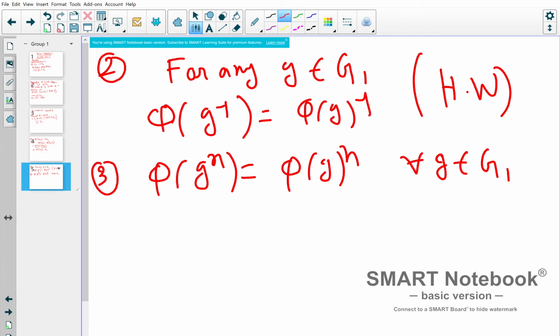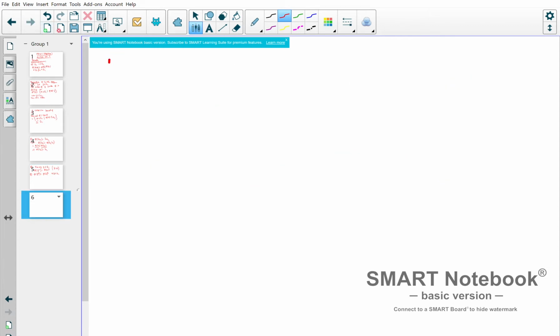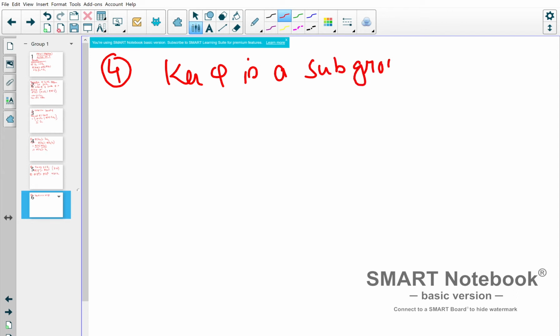Now for the kernel, you can ask whether it is a special subset of G1, and then you prove that the kernel of phi is a subgroup of G1.